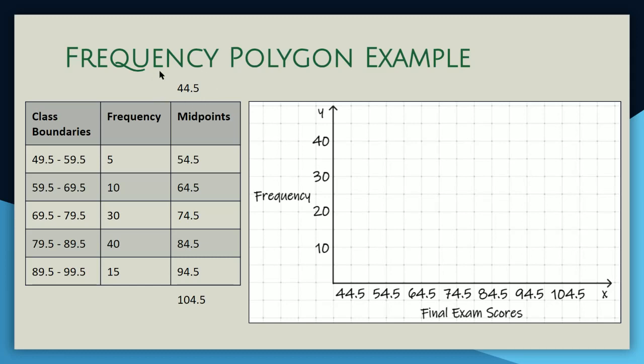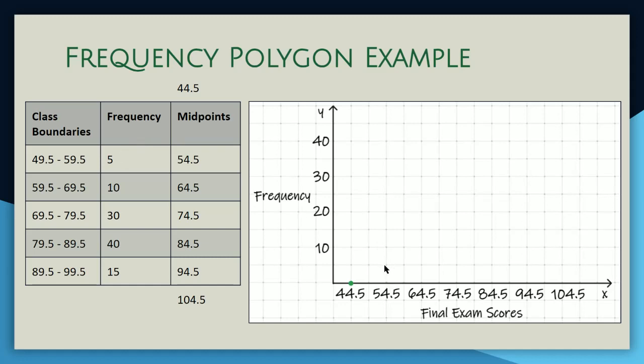So that first x value is 44.5, comma 0. No frequency for that number. So that's going to be down here. The next point is 54.5, comma 5.